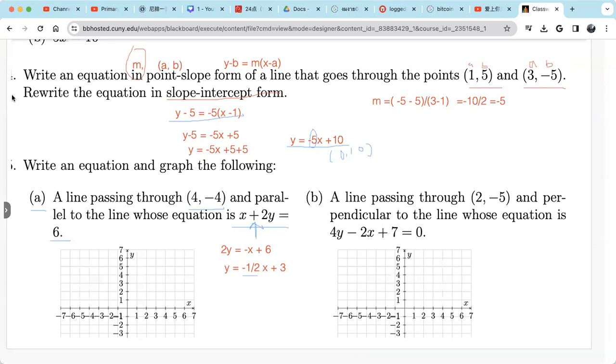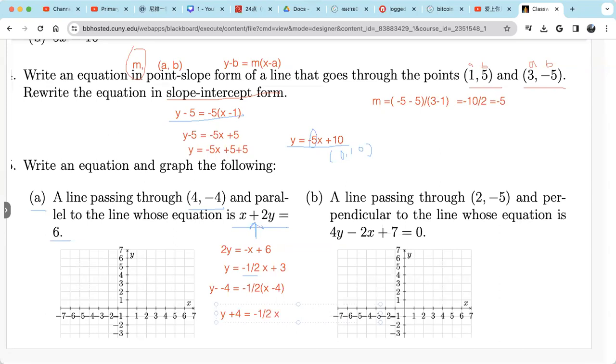So now we can use point slope formula and use this point 4 comma negative 4. So y minus negative 4 equals slope, which is negative 1.5 times x minus positive 4. Right, we simplify it a little bit. We get y plus 4 equals negative half x.